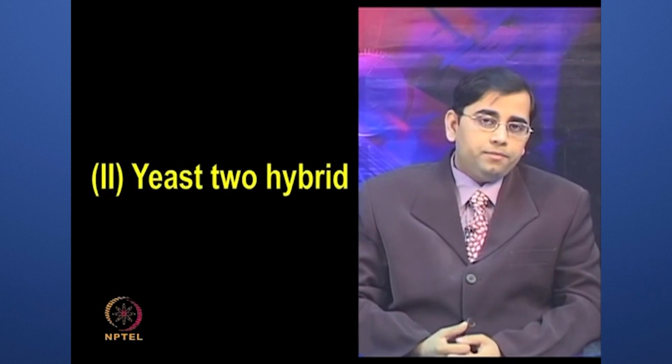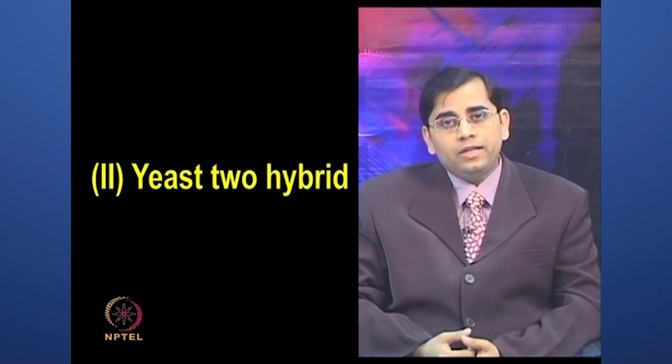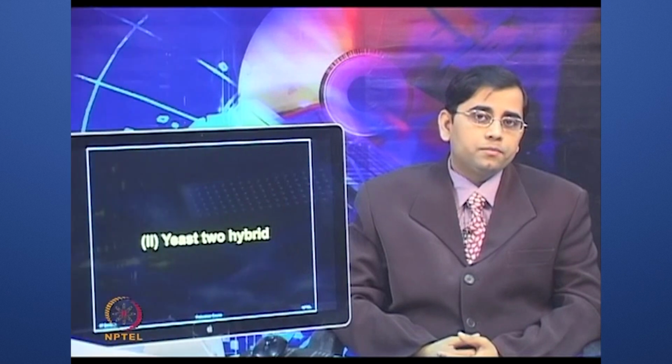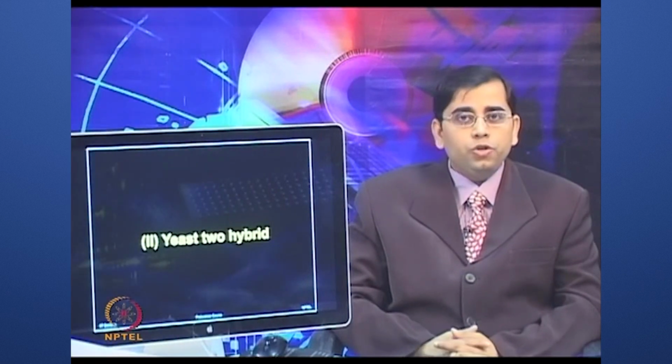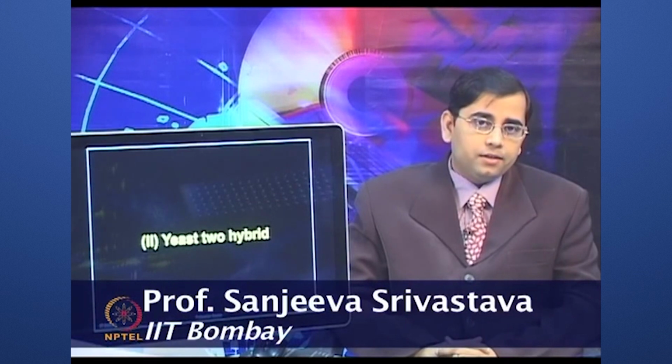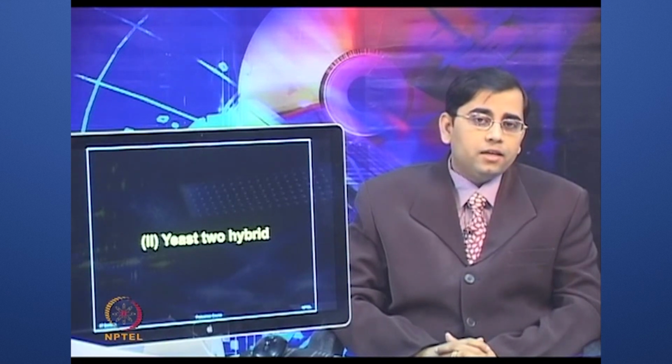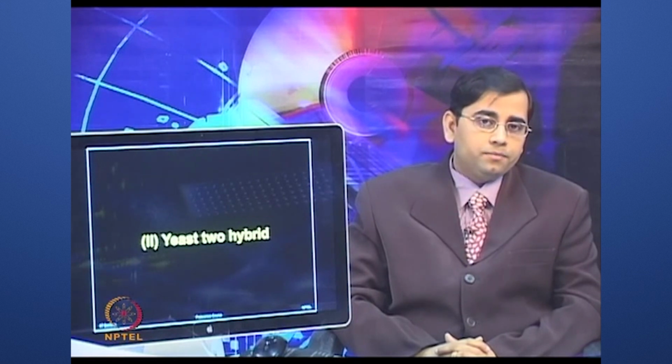In yeast two-hybrid, there are two different types of proteins involved, a bait protein and a prey protein. The bait protein is the protein of interest whose interaction is to be studied. The bait protein is fused with the binding domain, also known as BD, of the transcriptional activator by inserting and expressing it along with the binding domain in a suitable manner.